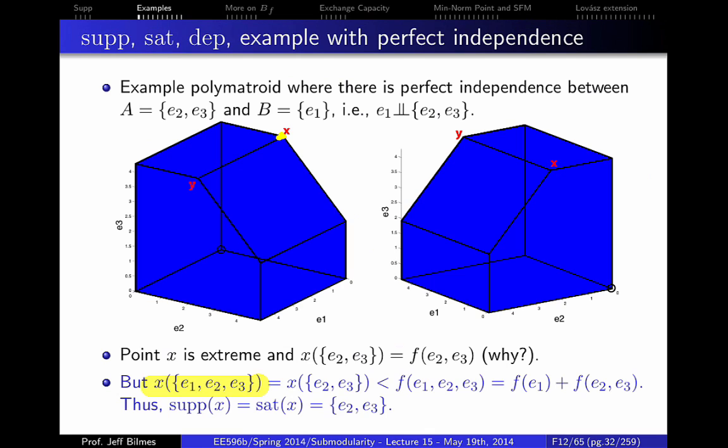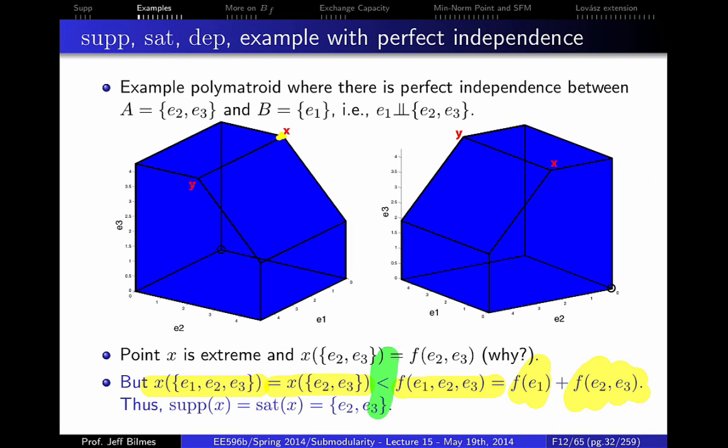So that means that x of E1, E2, E3 is equal to x of E2, E3. But on the other hand, f of E1, E2, E3 is separable on these two subsets on which it's independent. So that's equal to f of E1 plus f of E2, E3. And we can see just from the picture that f of E1 is not 0. And so therefore, we have this strict inequality here.